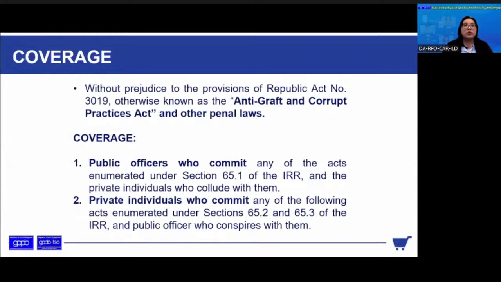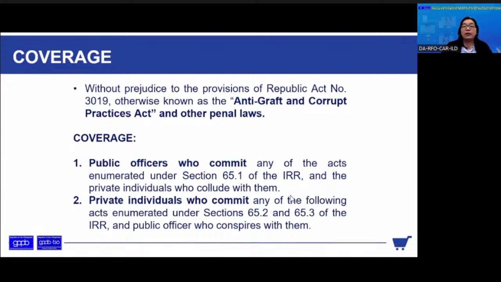So without prejudice to the provisions of RA 3019 or Anti-Graft and Corrupt Practices Act and other penal laws, public officials who commit the acts which are enumerated in section 65.1 of the IRR, including the private officials who collude with them, no? Collude meaning nakikipagsabwatan, no?